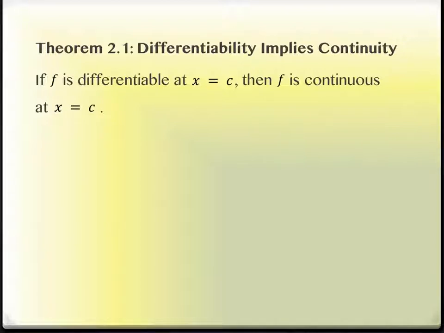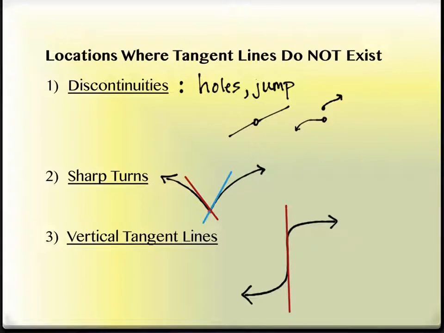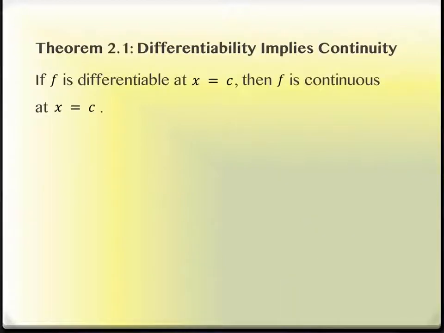But you can't twist that around and go the other direction. A prime example is what I drew on 2 and 3. On 2 and 3 over here, they were continuous, but they were not differentiable at some location. But if we have things that are differentiable, then we know that they are going to be continuous.